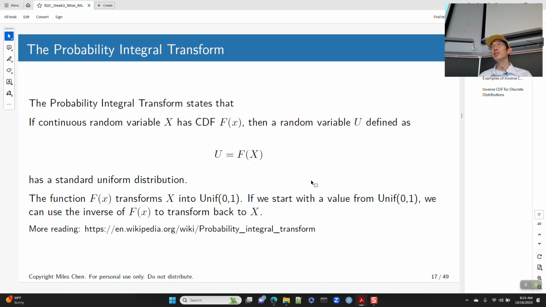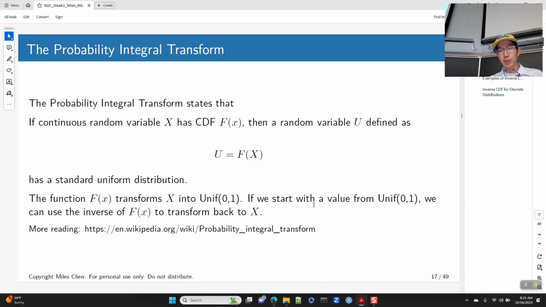So if you say, give me rnorm values, random normal values, and then you plug them into pnorm, which takes those normal values and turns them into cumulative probabilities, all of those values will have a uniform distribution. So this function big F of X transforms X into basically a random uniform value.